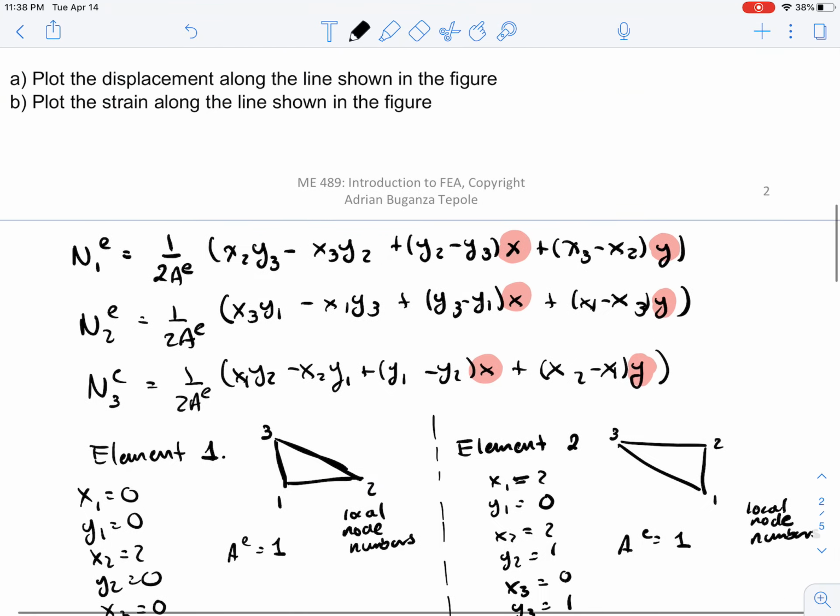And you'll see that what you will get is you will get a function. So in this case, if you plug in y equals 0.5, then you'll get that the displacement over the first element is actually constant along y equals 5. And here actually it's not. So here you will get some function of x for the second element.